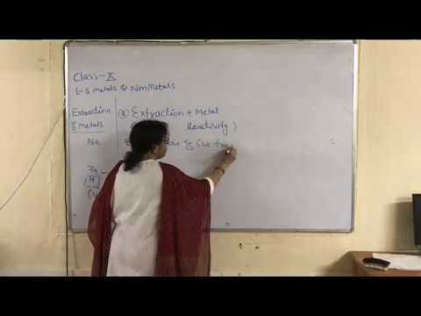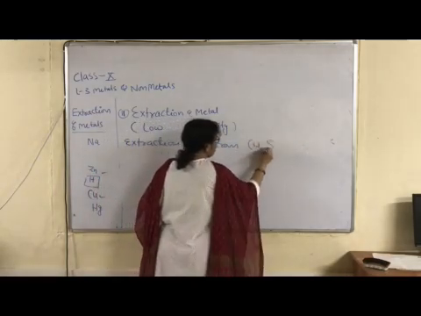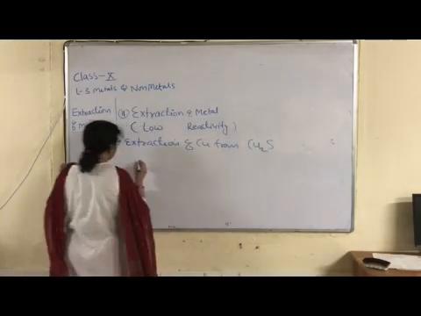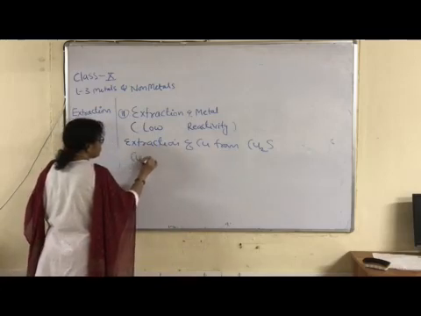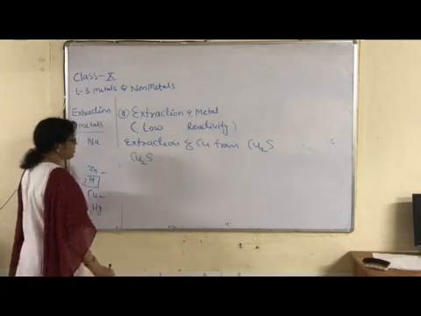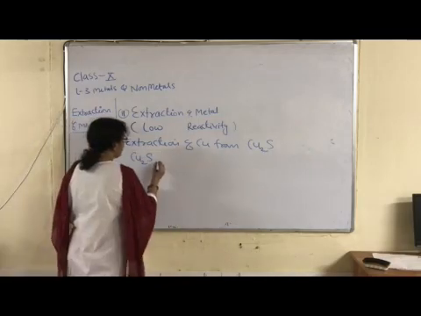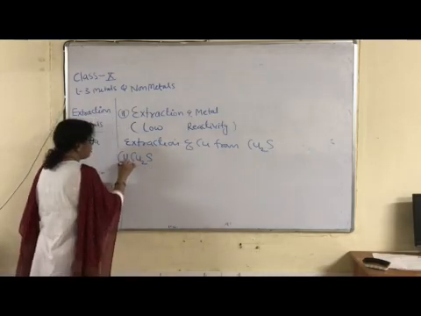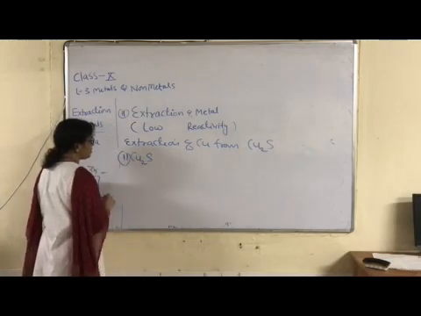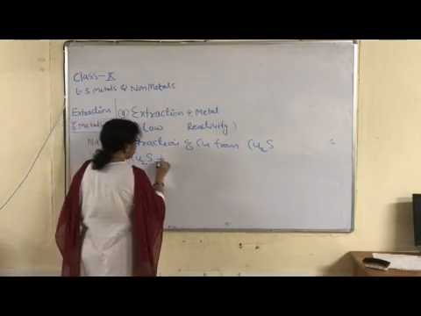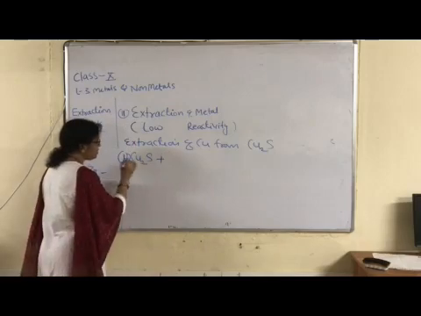Copper from copper sulfide, Cu2S, cuprous sulfide or copper sulfide. Okay children, after enrichment of ore, next step is calcination or roasting. Here sulfur is present.